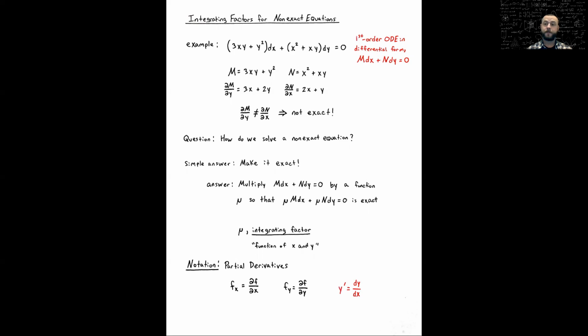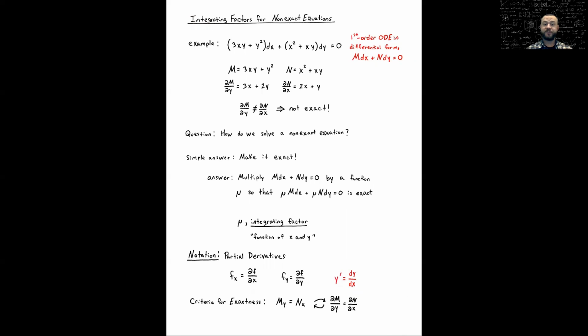In a similar fashion, instead of using partial differential notation, we're going to express the differentiation variable not as a prime, since we have two variables to differentiate with respect to, but as a subscript. So f sub x denotes a partial derivative of f with respect to x, and f sub y denotes a partial derivative of f with respect to y.